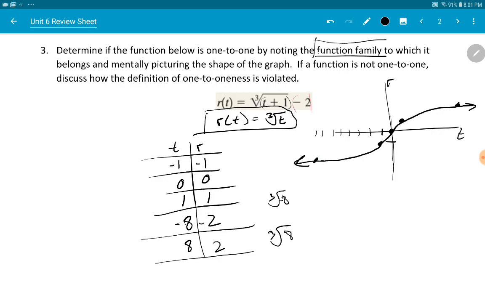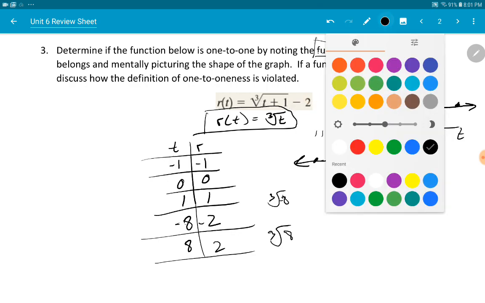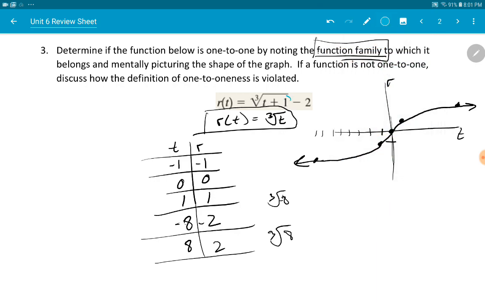So that's what they mean by the function family. Think about the shape of the function. And then I'm going to think about my shifts. When I start with that parent function and I add something inside the parentheses with t, that means a horizontal shift in the opposite direction, opposite of the sign.